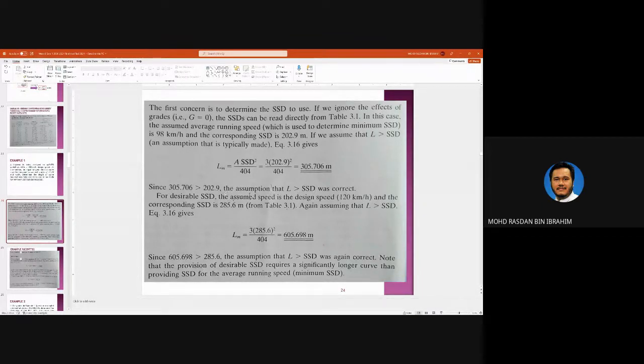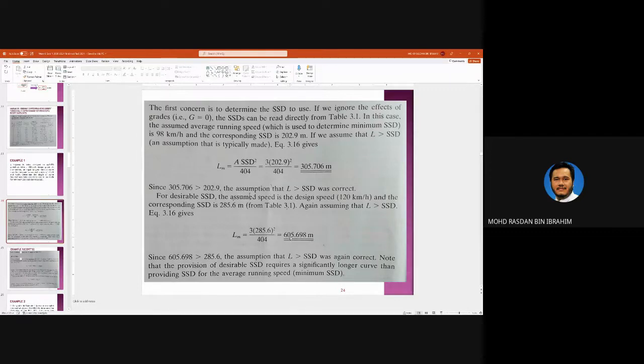Okay, now we'll calculate for desirable SSD. So the assumed speed is design speed, 130 kilometers per hour. From table 3.1 just now, the desirable length is 285.6. Again we assume this. We use the same formula, and of course we're going to get a longer length.